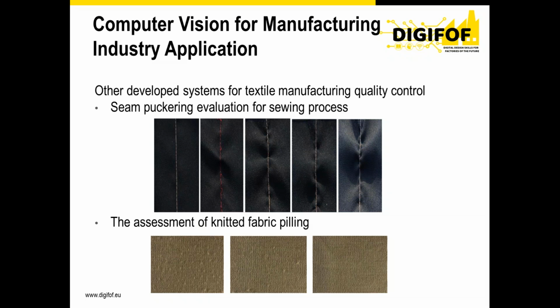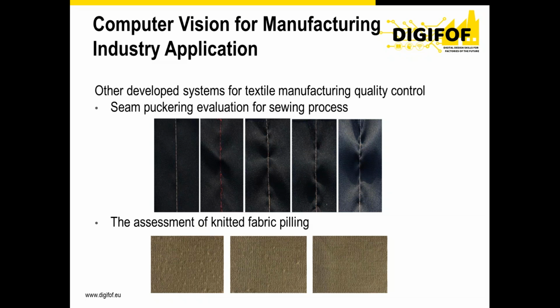Actually, the evaluation of puckering can be made by machine vision, and I'm not actually talking about the cases where the seaming is done by humans, because they can control the process, but if the seam is done by an automatic process.